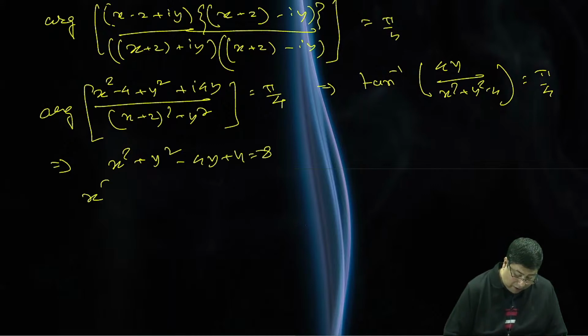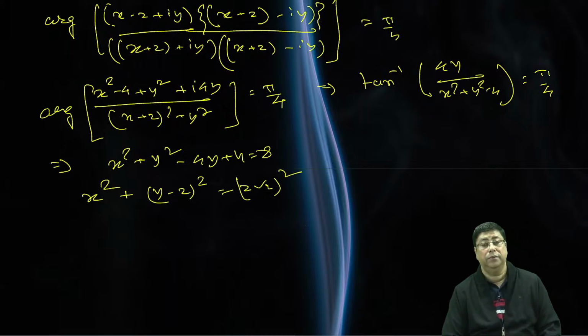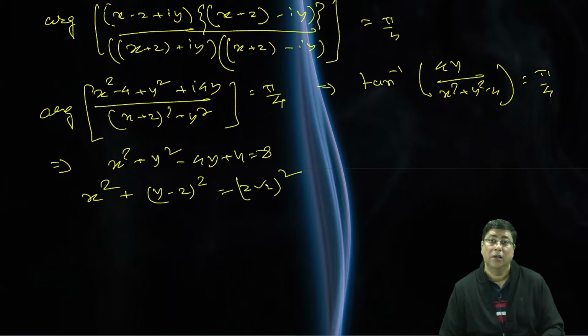That is (x minus 0) whole square plus (y minus 2) whole square equal to (2 root 2) whole square, which represents a circle. This calculation we could get easier also by drawing the circle, but that trick will go for the next class on complex numbers after JEE Main.